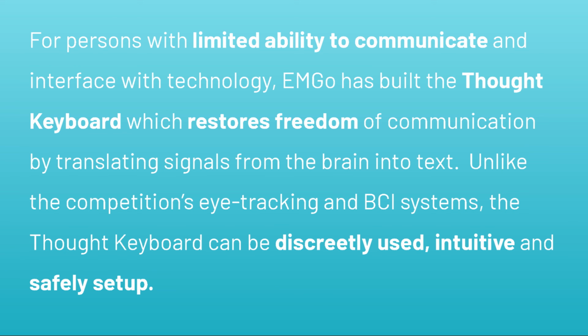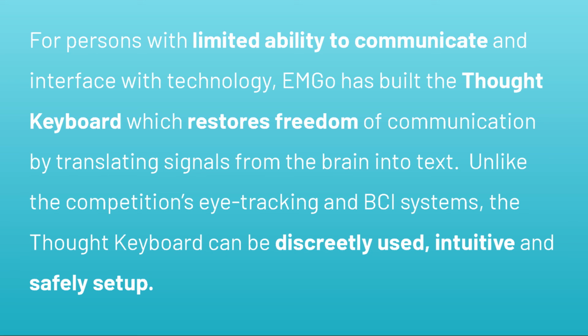So for example, with this EMGO example: for persons with limited ability to communicate and interface with technology, so thinking about people with ALS or muscular dystrophy, limited ability to move, EMGO has built a thought keyboard which restores freedom of communication by translating signals from the brain into text.